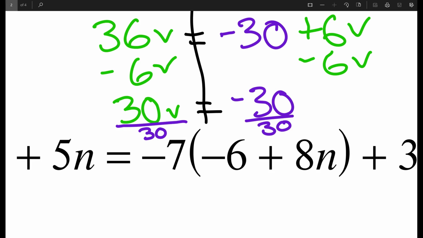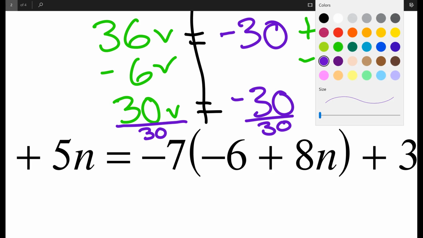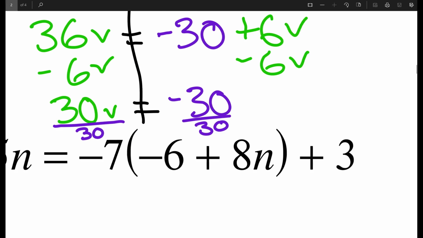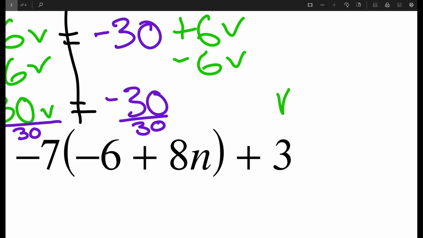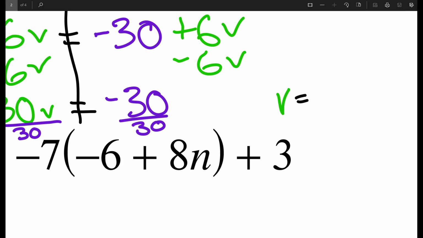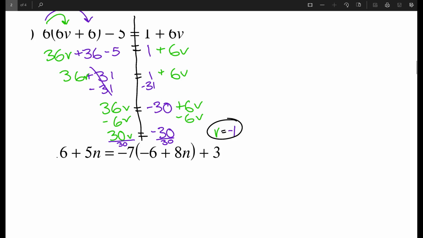We're going to stop treating it as a variable coefficient, which means the thing multiplying by the variable. And we're going to start treating it as its own number. So when I divide, that leaves me with v equals, well, negative 30 divided by 30 gives me negative 1. This being my final answer.